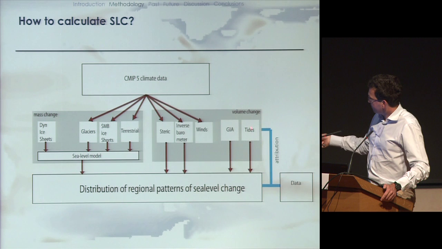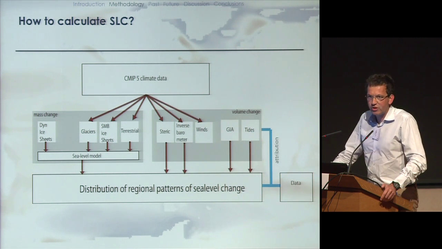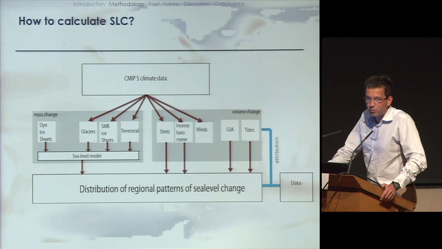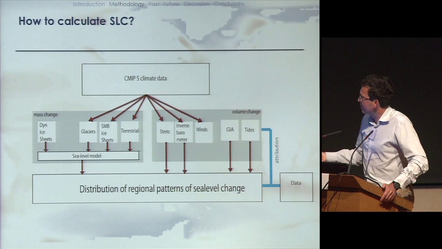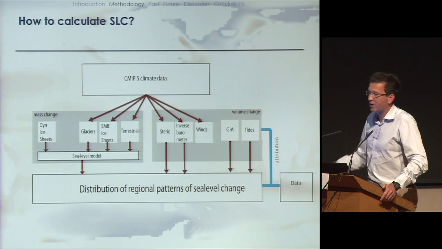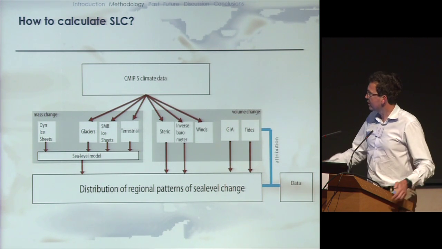And then tides are also not included in the projections, but they play a role in the attribution issue of the regional patterns in sea level. Because if you add up all these components, you finally get the distribution of the regional pattern in the sea level change for the next century.